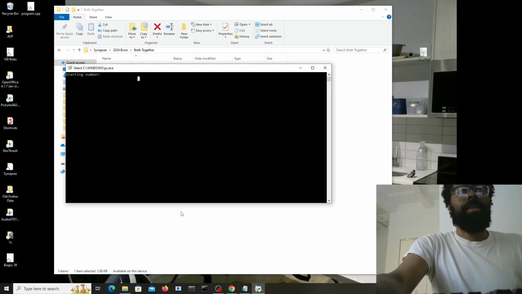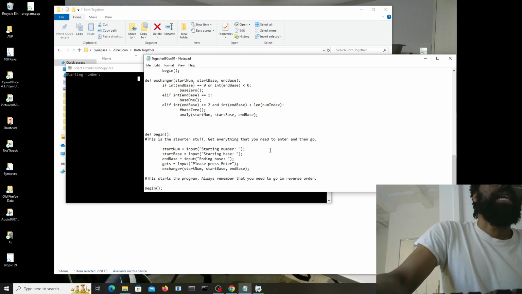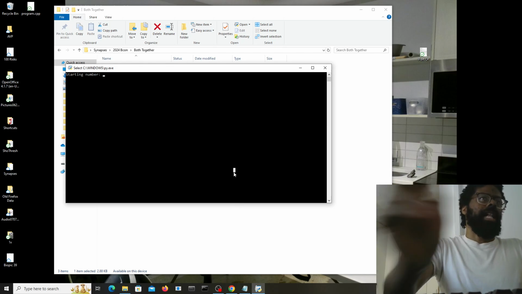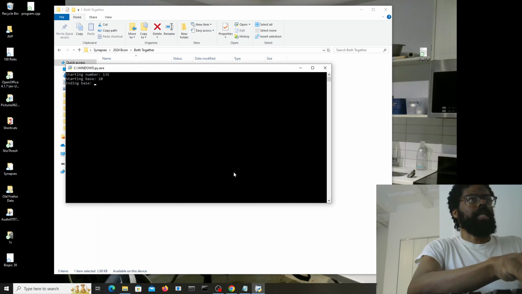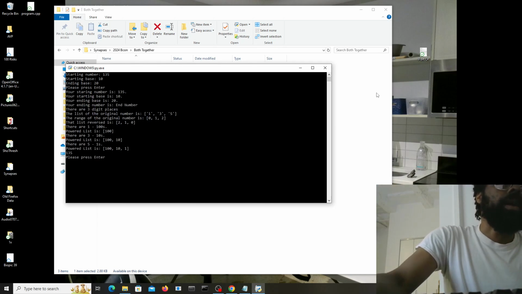Did I put the error case in here? No, I did not put the error case in here. So I'll have to go back and do that again in a second. Starting number is 135, base is 10, starting base, I'll say 20. Okay, so it works.